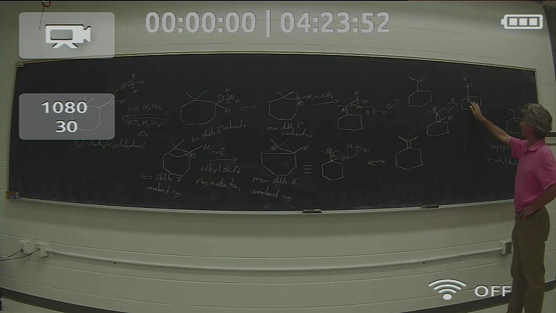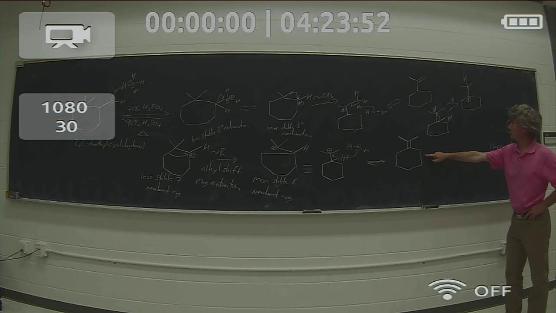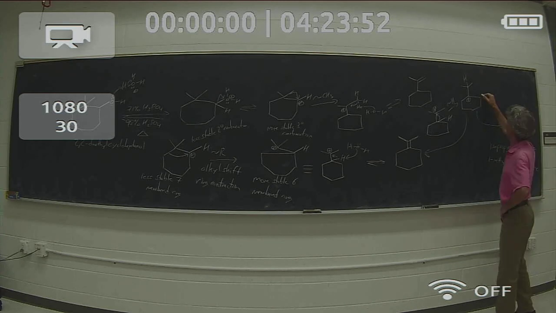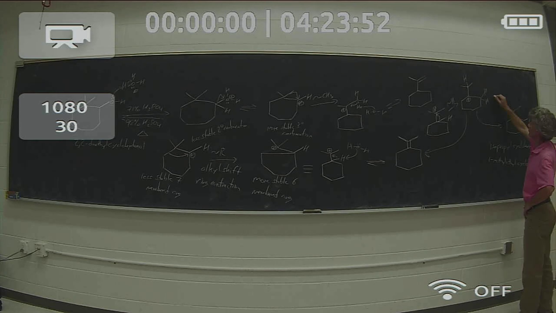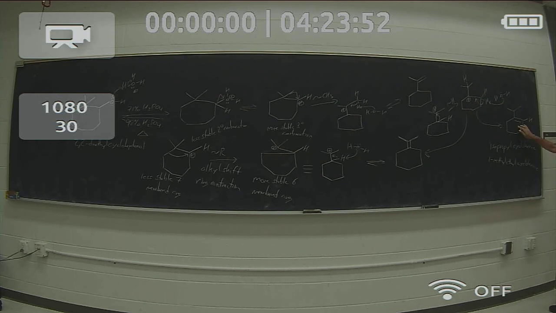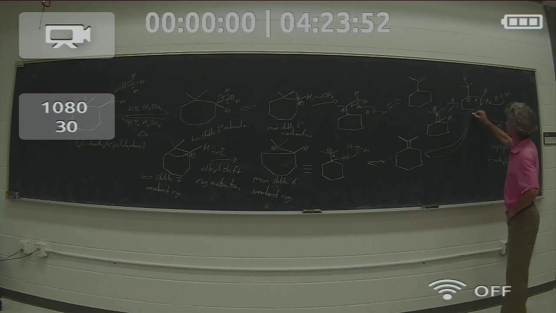So this carbocation is quite stable and can lead to either of these two products, depending on whether you remove the hydrogen that you just had in the shift, or whether you remove an adjacent hydrogen to form the trisubstituted ring. And all of these reactions are going to be equilibrium.